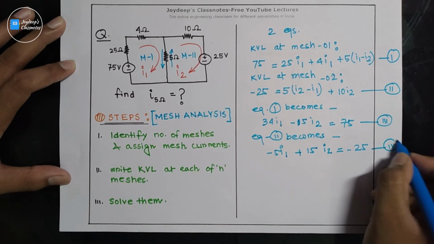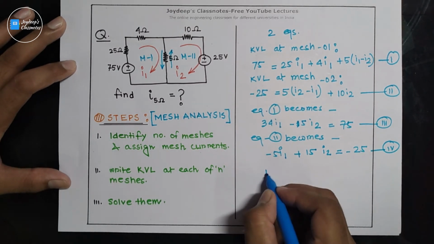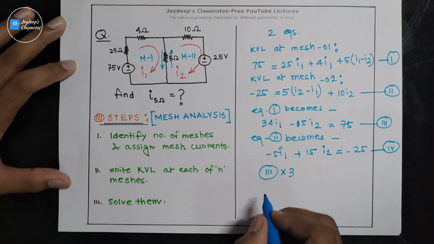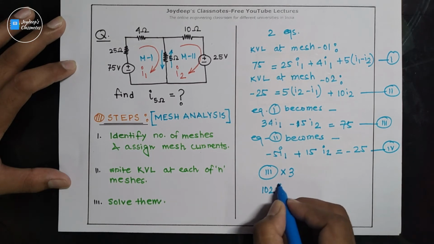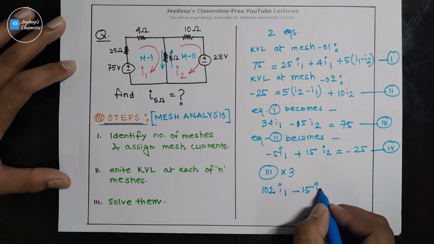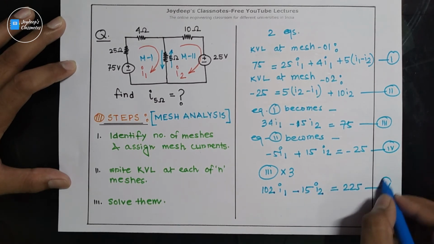That's your equation number 4, right? Now multiplying equation 3 with 3, so equation 3 becomes 102 I1 minus of 15 I2 is equal to 225. So that becomes equation number 5.